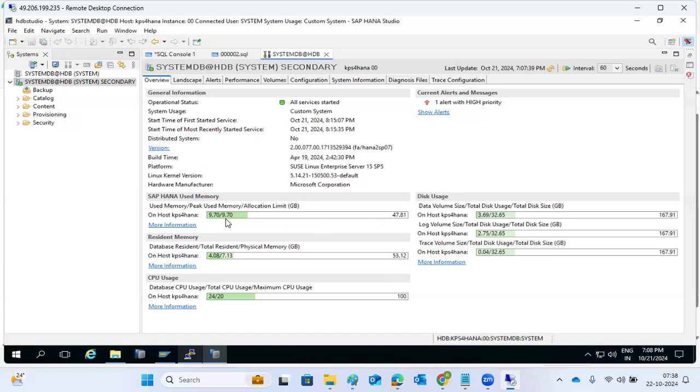HANA used plus free memory is called the total HANA memory. This total HANA memory plus the OS, which also has some free memory and reservation, is called the resident memory here.